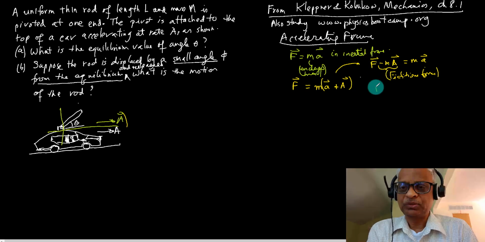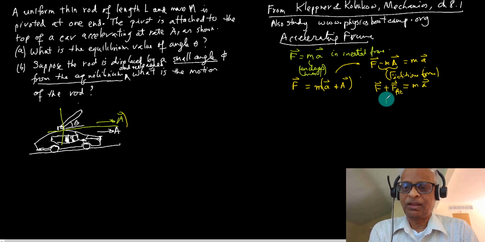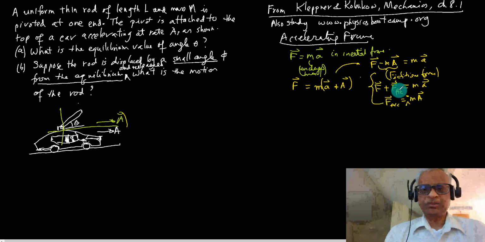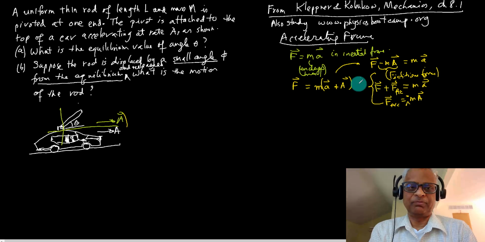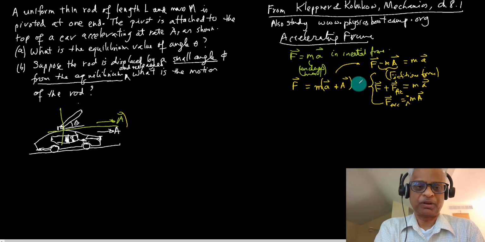So you write F plus F fictitious equals ma, and F fictitious is minus ma. Now we'll use an accelerating frame to solve this problem.